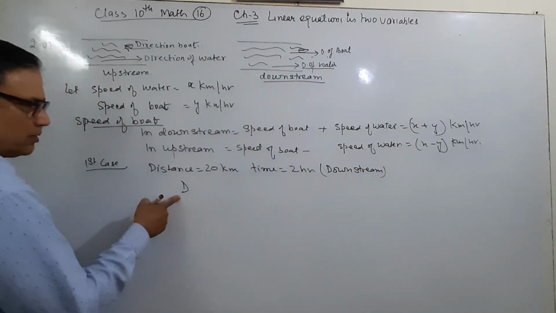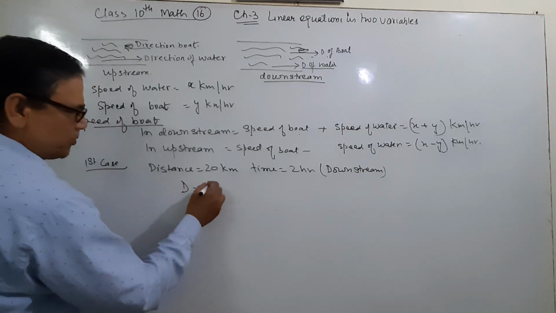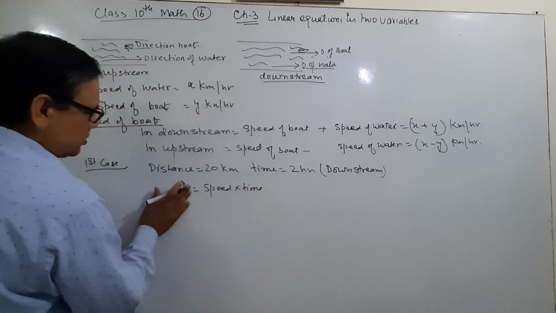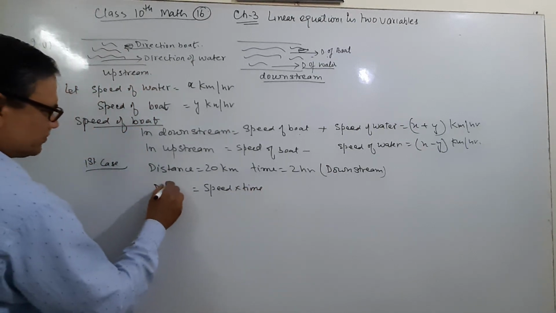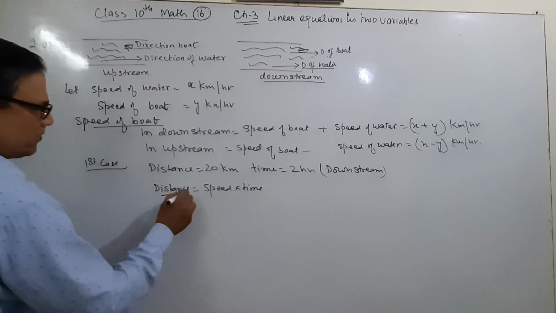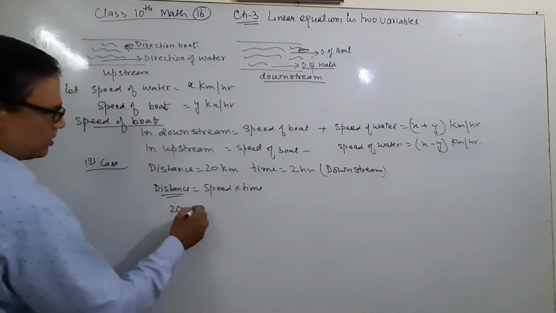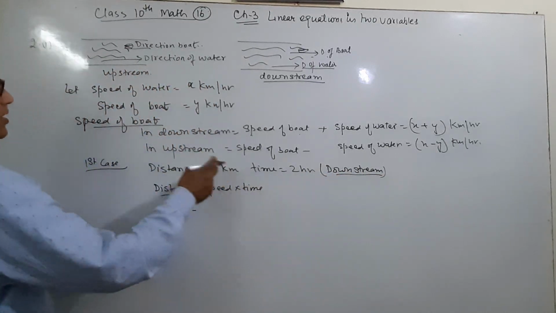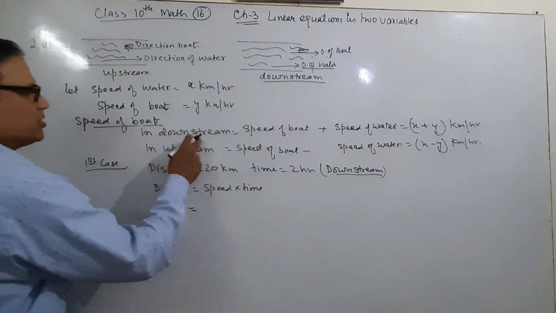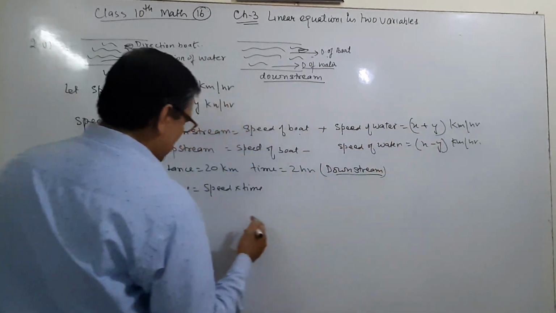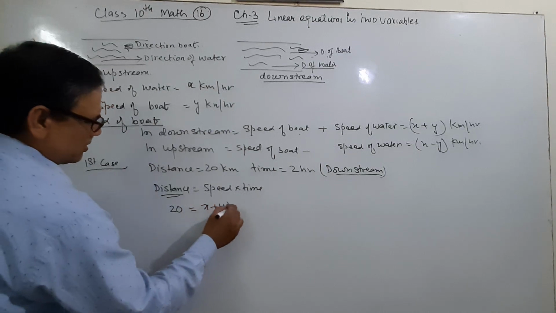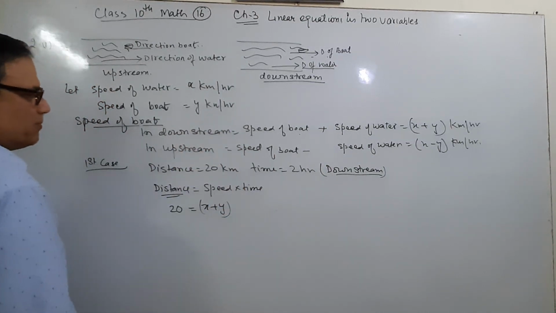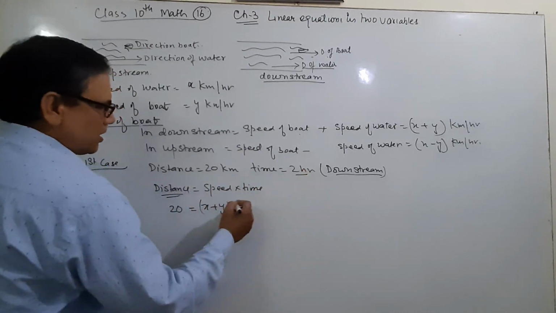We know distance is equal to speed into time. That means 20 is equal to speed, in downstream, the speed of boat is x plus y, into time, which is given as 2 hours.